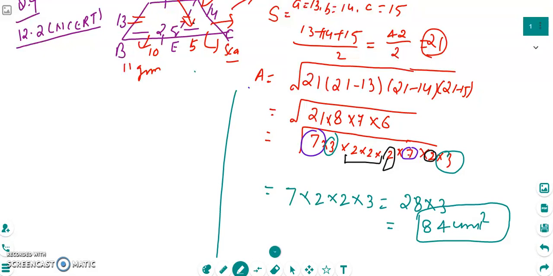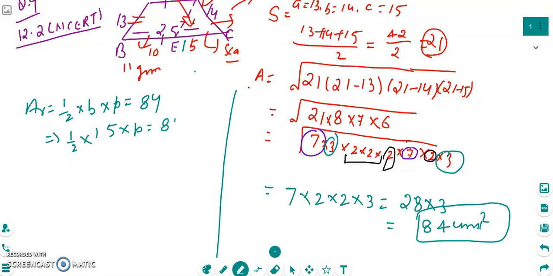Now as I told you, we have the area of the triangle as 1/2 times base times perpendicular, which is equal to 84. The base here is 15. The perpendicular we don't have.